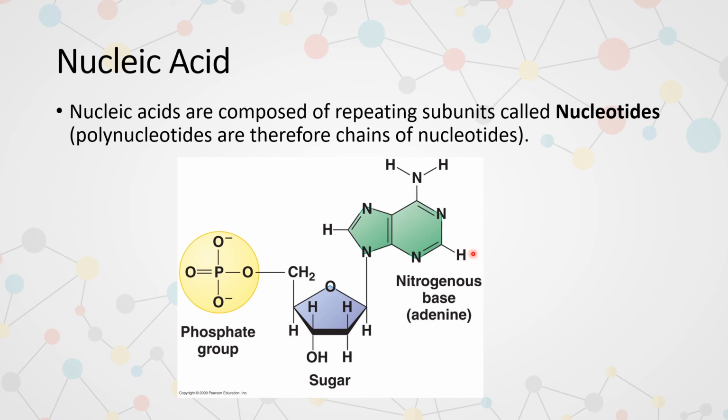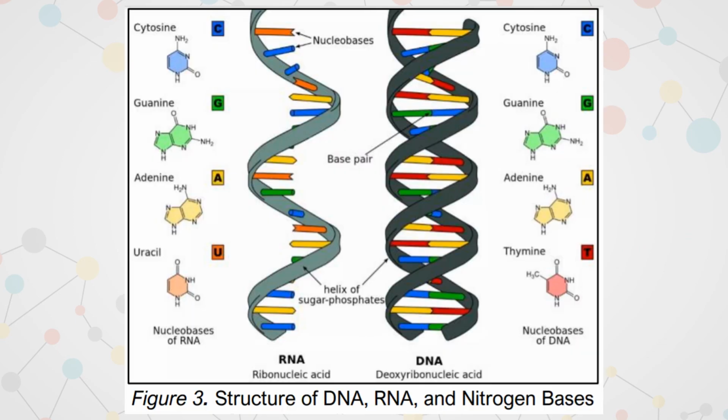We have the nitrogenous base, the pentose sugar, and the phosphate group, which make up one nucleotide. So the chain of nucleotides will make up an RNA. Kapag double-stranded na siya, it becomes DNA. So we have the RNA here and the DNA here.